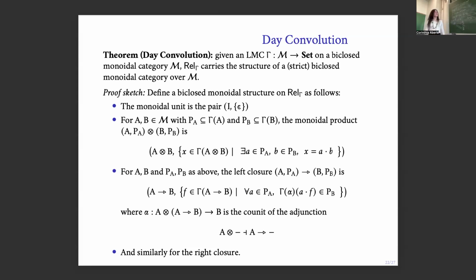I think that's fine. But then the place where this becomes interesting is when you want to define a monoidal structure on this. Monoidal structures on categories aren't necessarily unique. You can have multiple inequivalent ones, and so this Day convolution one is in general just one of them.